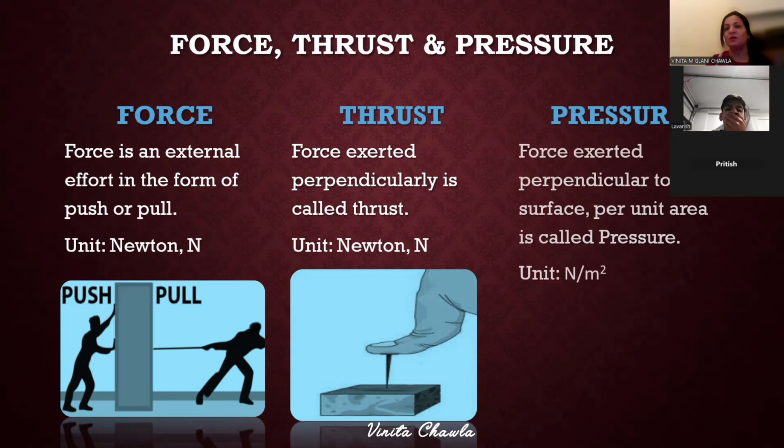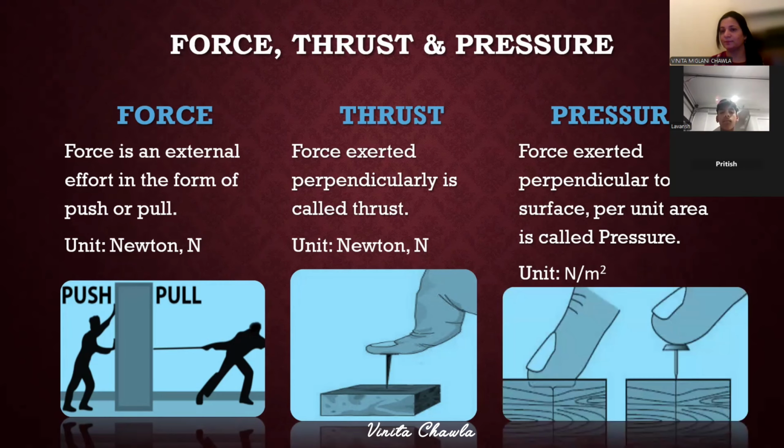Similarly, we have pressure. Pressure is the perpendicular force per unit area. So how much force we are applying on a unit area is called pressure. And the force has to be perpendicular. Force acting perpendicularly means it is thrust, which is acting on the object. We can also write thrust per unit area.